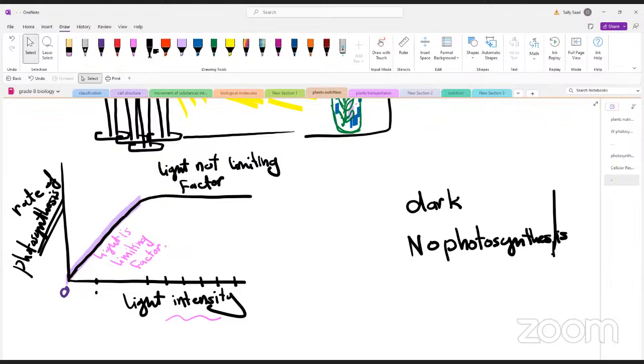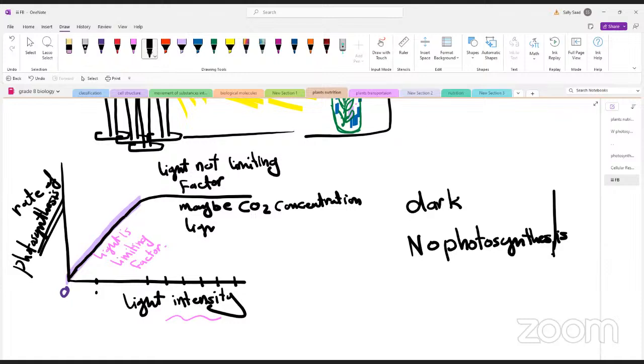What will be the limiting factor? Why does the plant not increase its rate now? Maybe carbon dioxide concentration needs to increase, maybe temperature. You got my point?